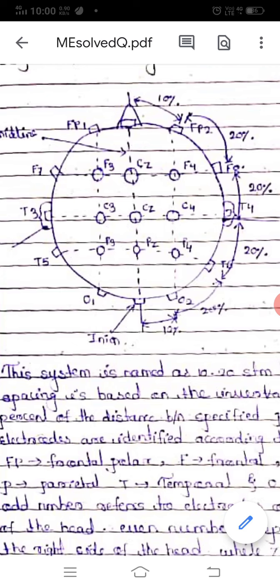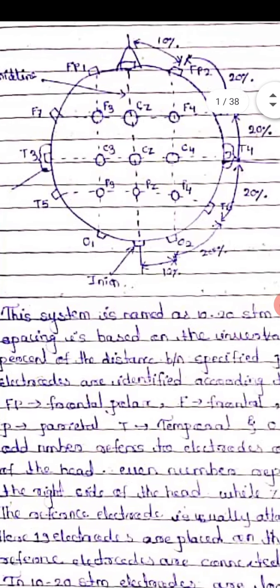After that, connect the 10% and 20% distance points horizontally, and you get the intersecting points on the skull. At the center line you have Cz and the Z line.